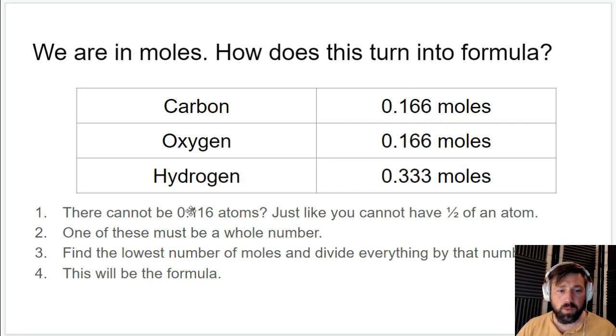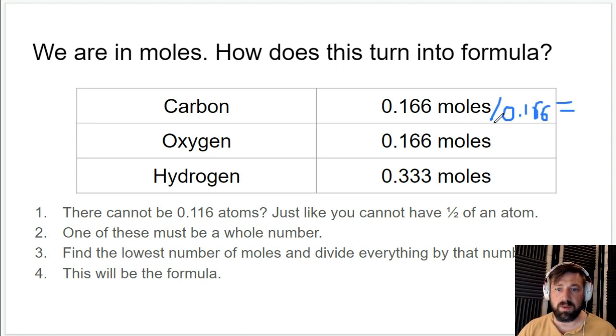This may be a bit simplistic, but let me tell you the process of this. What we need to do here is figure out the lowest number of moles, in this case 0.166. And then we take that number and divide everything by it. So for example, here it was 0.166, and we divide this by 0.166.